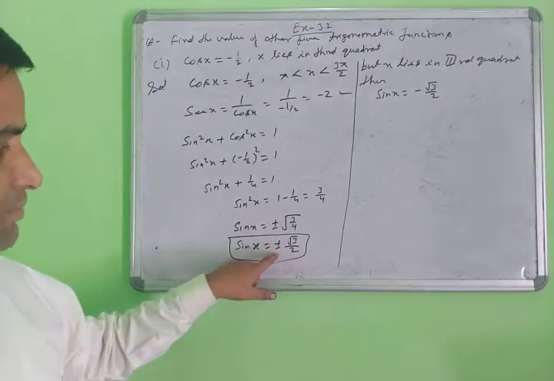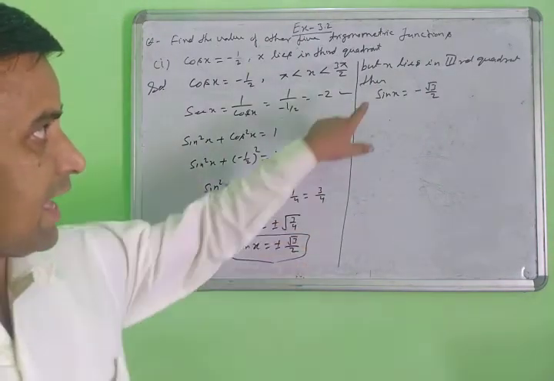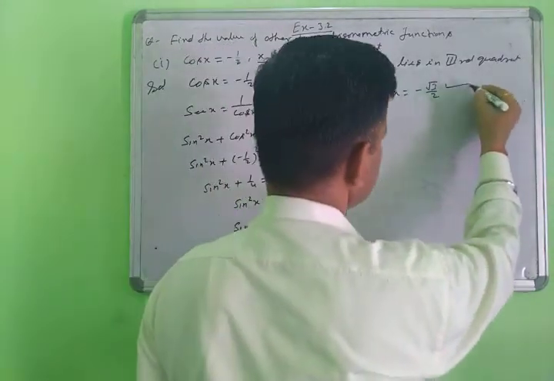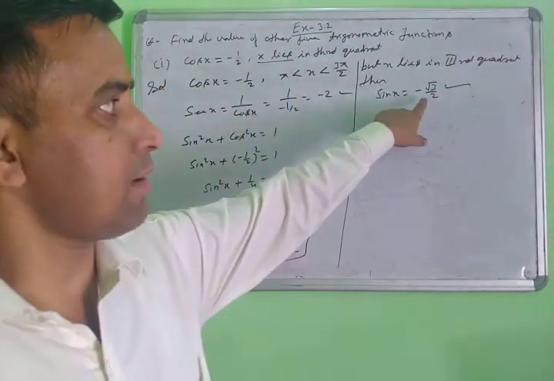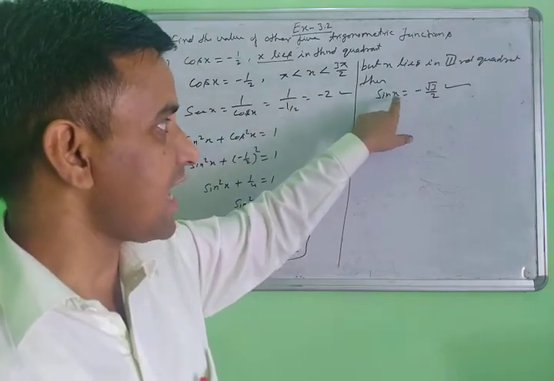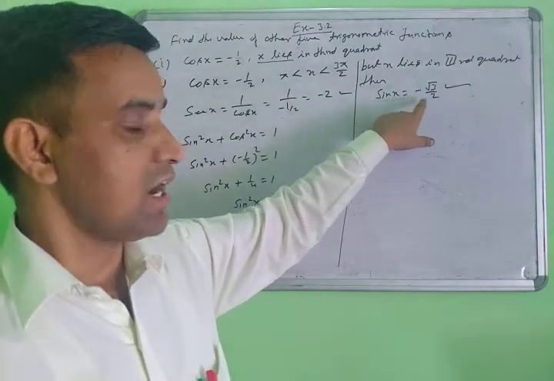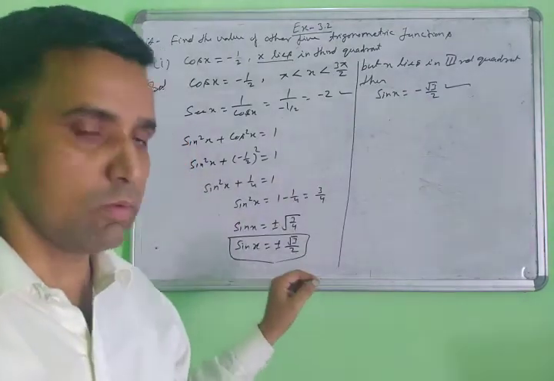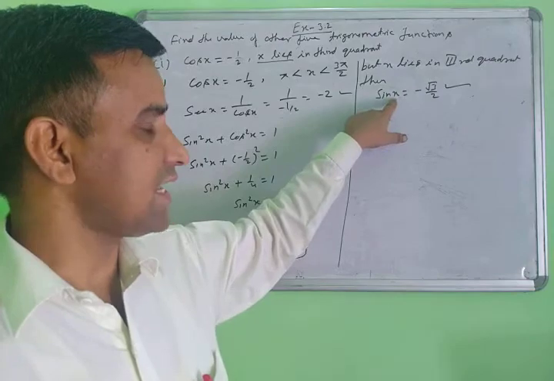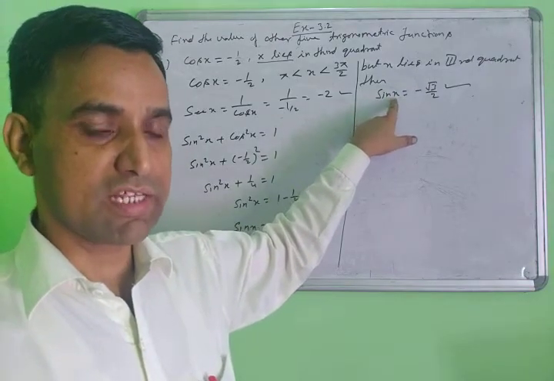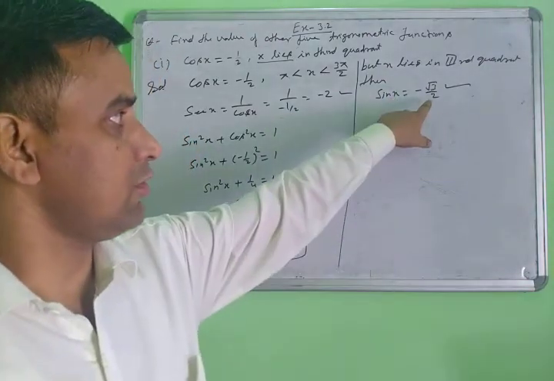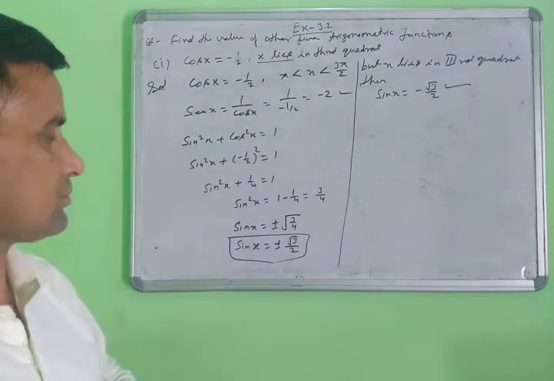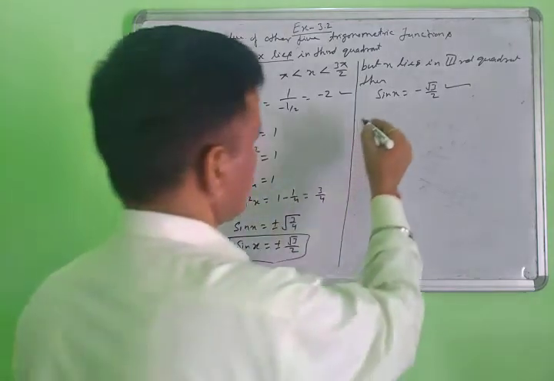The value of sin x is plus minus root 3 by 2, but given the condition that x lies in the third quadrant, the actual value of sin x is minus root 3 by 2, because in the third quadrant the sign is negative, not positive. Then the positive value will be ignored here. So the correct value of sin x is minus root 3 by 2.